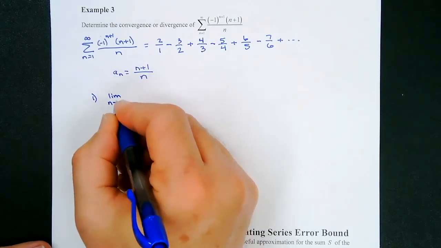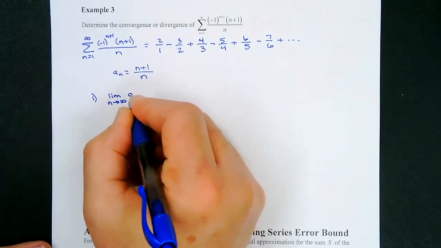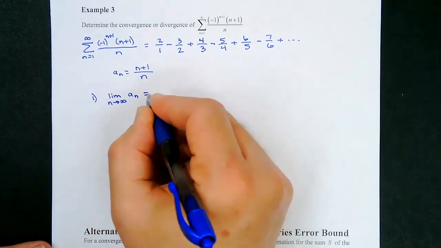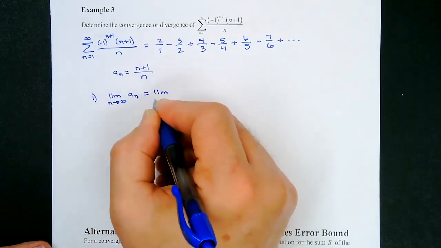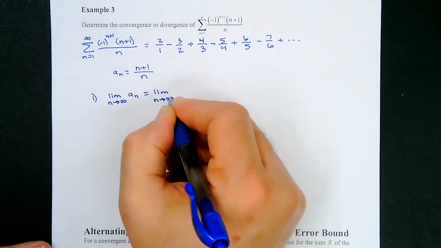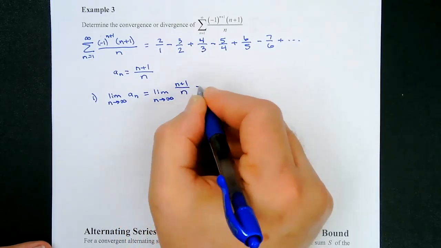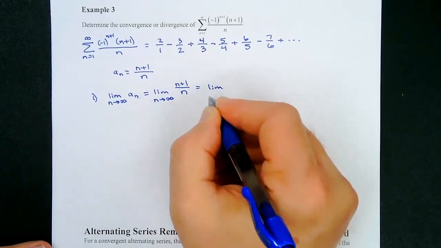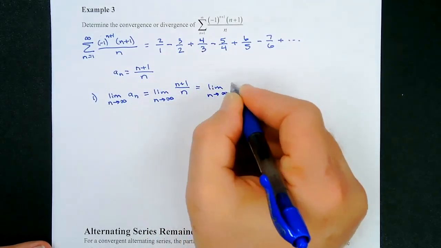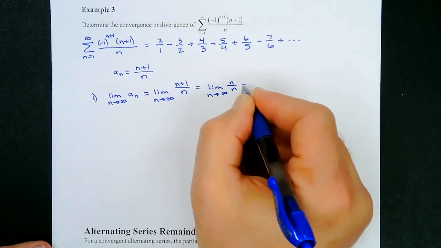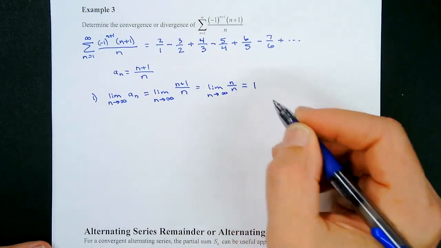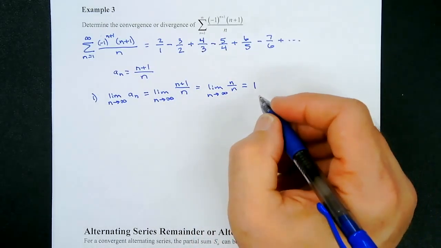So the limit as n approaches infinity of a sub n is equal to the limit as n approaches infinity of n+1 over n, which is equivalent to finding the limit as n approaches infinity of n over n, and that would turn out to be 1, right? And it has to be 0 to use alternating series test.